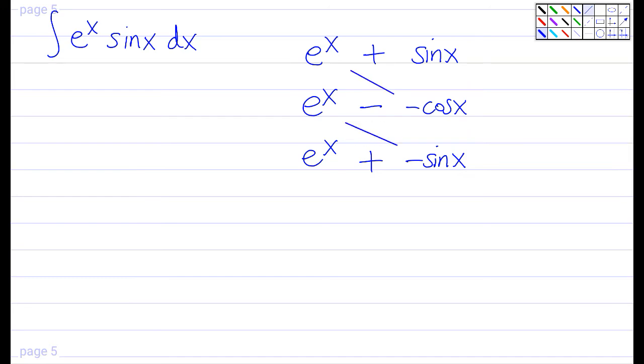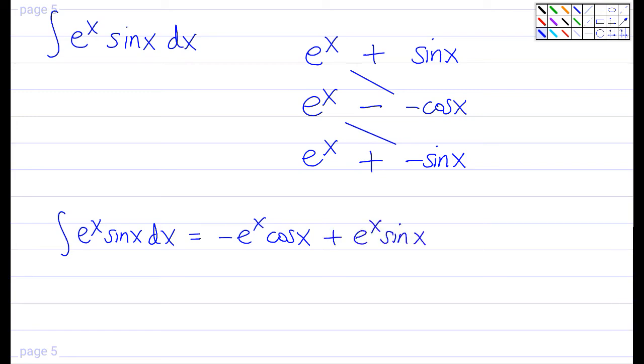Okay, we're ready. So, the integral of e to the x sine x dx equals, okay, that first diagonal line gives me minus e to the x cosine x. The second diagonal line gives me e to the x sine of x with a plus sign because I had two minus signs, which give me a plus sign.